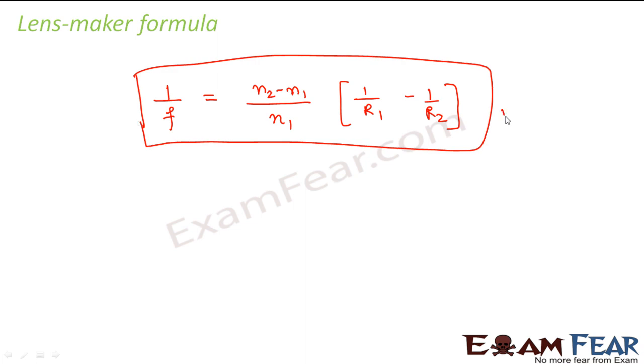This is a very important formula which helps us to calculate the focal length of various types of lenses if we know the refractive index of the material of the lens as well as the radii of curvature of the two spherical surfaces which make the lens.